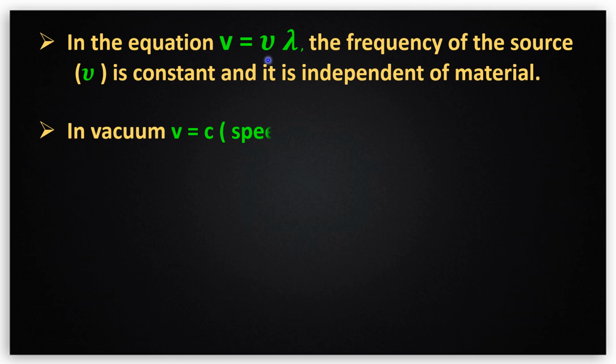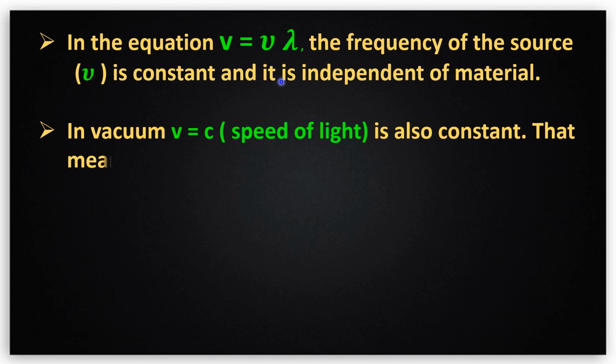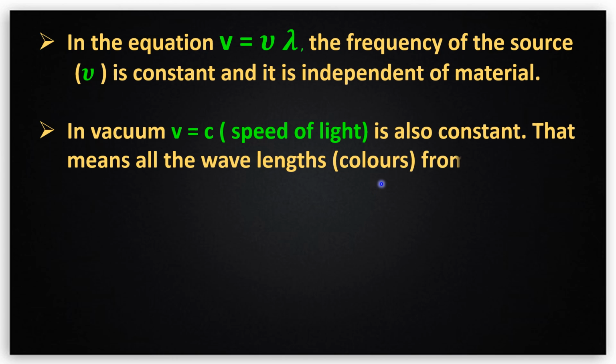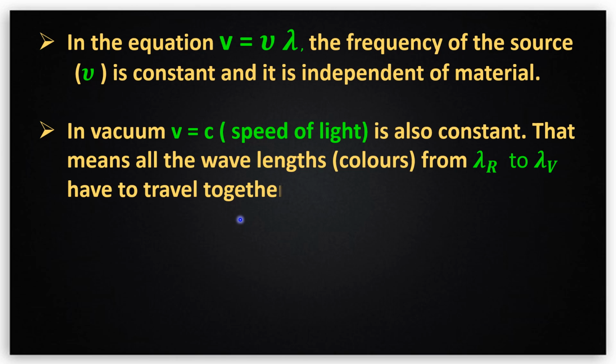In vacuum v equals c, the speed of light, so v is also constant. That means all the wavelengths, that is colors, from lambda r to lambda v have to travel together to keep nu constant.